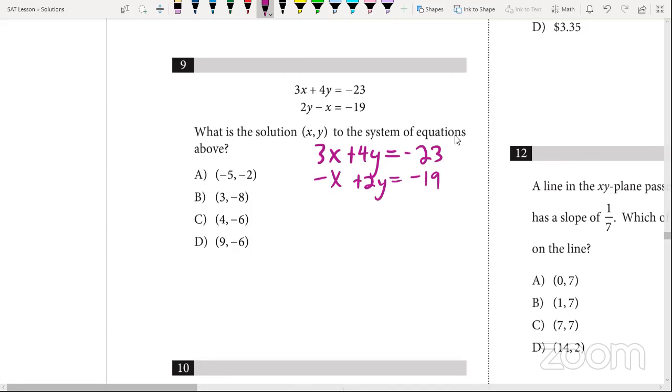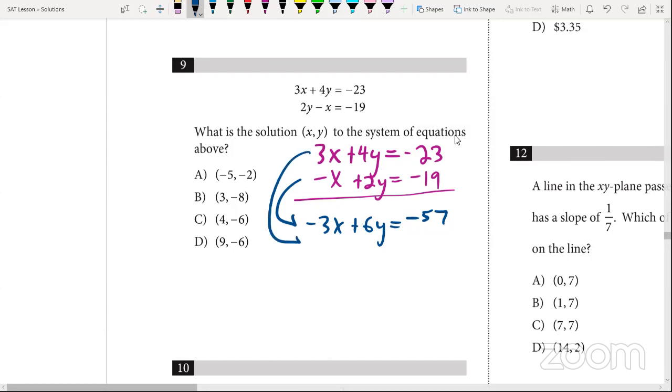And what we want, like we mentioned earlier, is something that's going to cancel nice and easily. So let's take this second equation and multiply it by 3. Negative 3x plus 6y equals negative 19 times 3, which is negative 57. And just bring down the first equation the way it already is, 3x plus 4y equals negative 23.